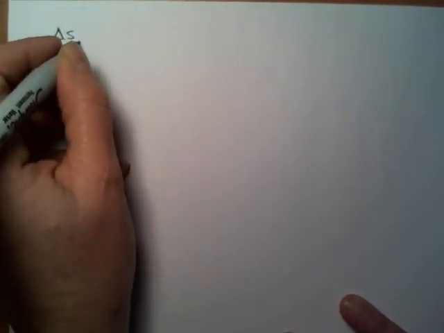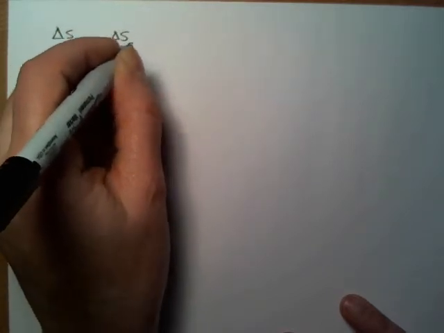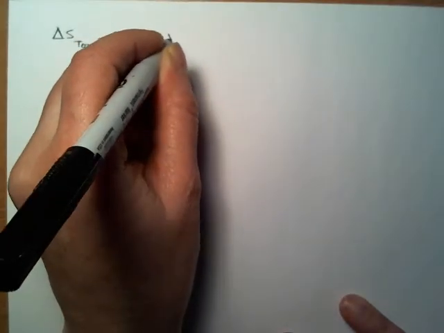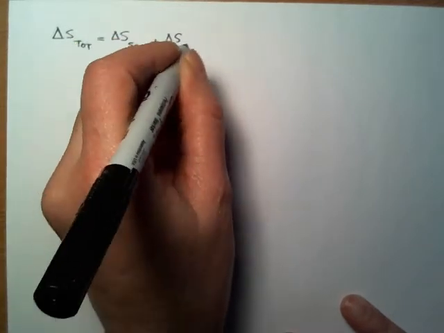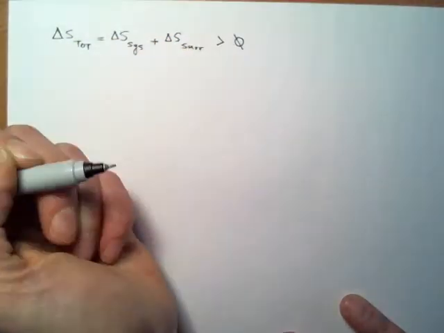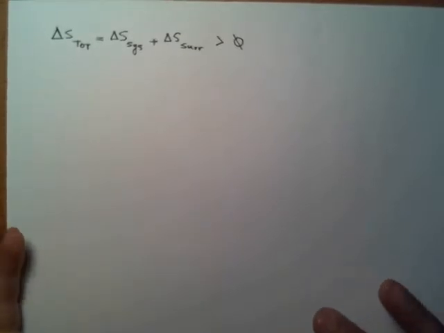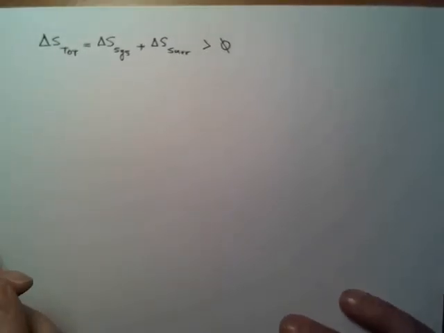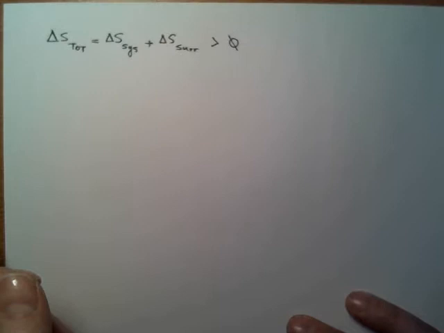And so remember what the condition is for something that's spontaneous. We need to have, for a spontaneous change, that delta S total, which of course is equal to delta S of your system plus the delta S of your surroundings, greater than 0 in order for you to say that this change is spontaneous.